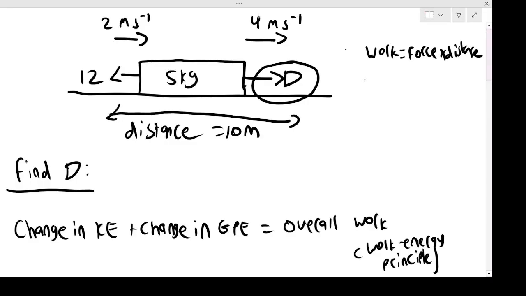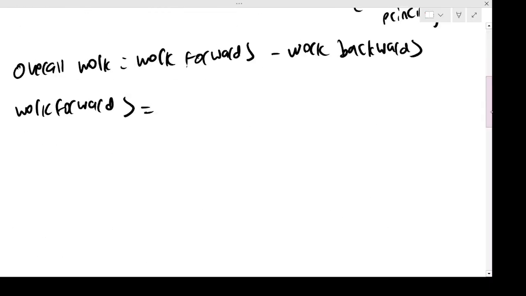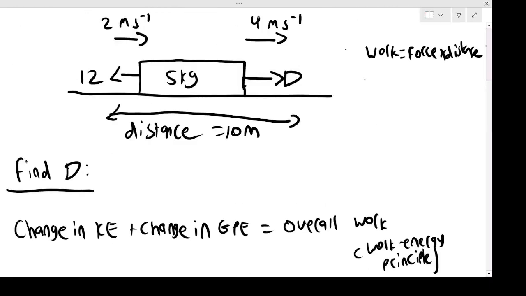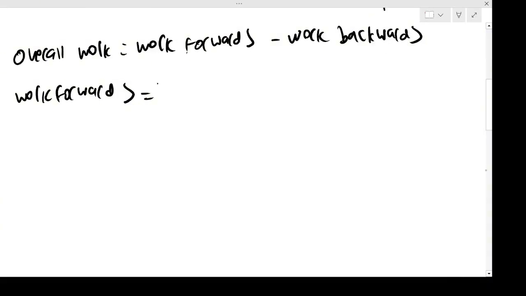Work is force times distance. So the work of the forwards force, which is D here, is D times the distance, which I said is 10. So very simply, the work forwards is D times 10.